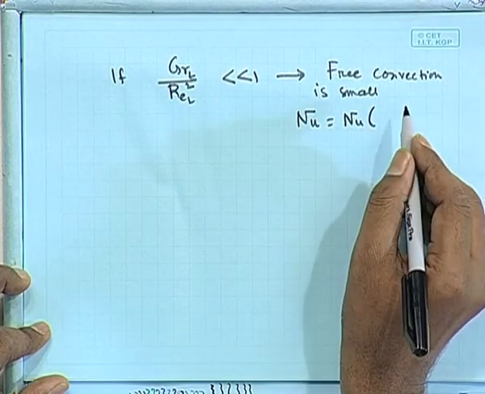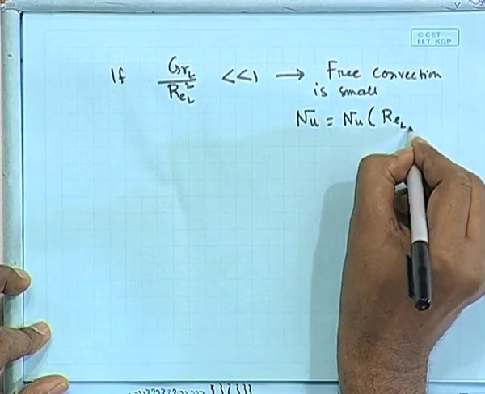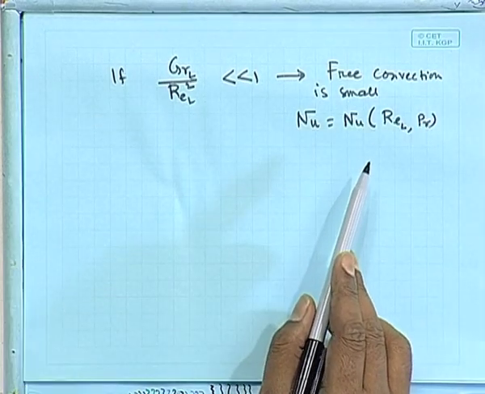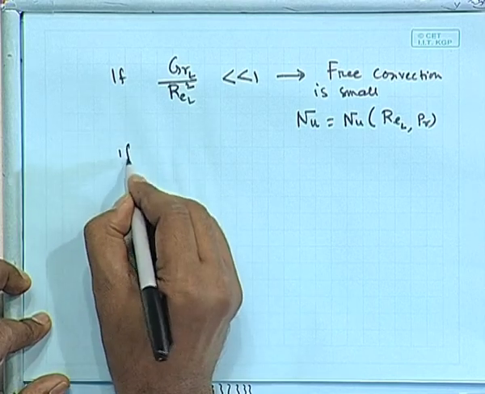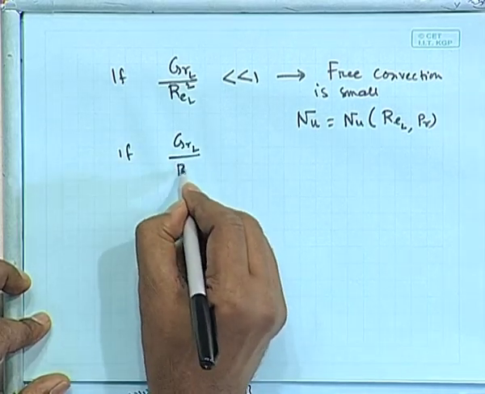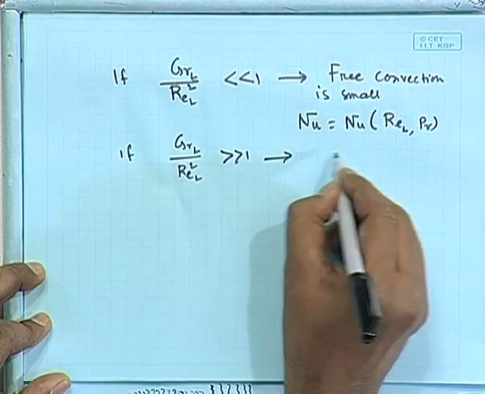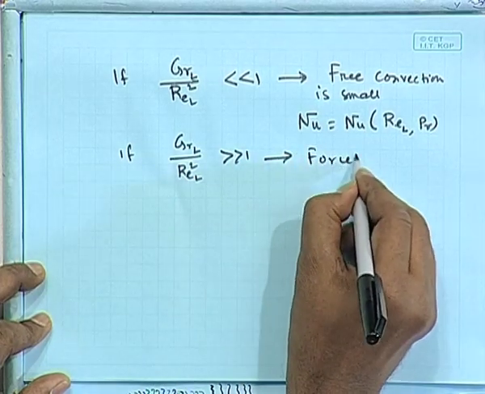and what you can expect, your Nusselt number will be a function of Reynolds and Prandtl, like all the correlations of Nusselt number you had previously. If it is the other way around, then forced convection effects are small.